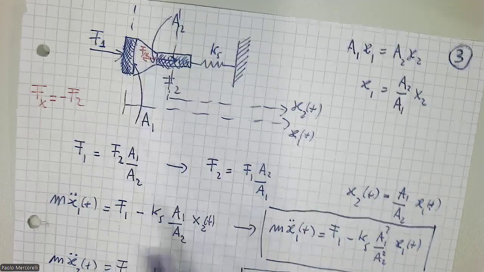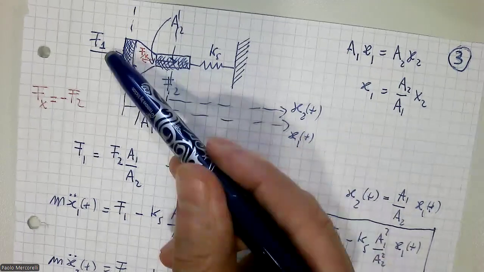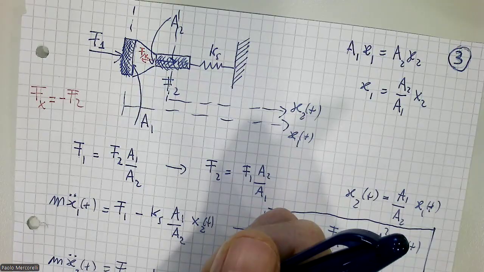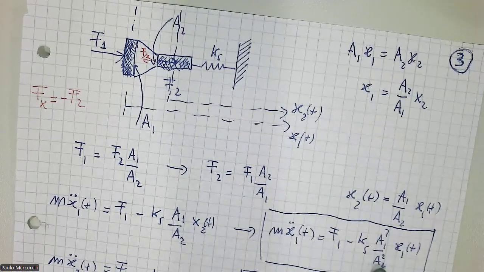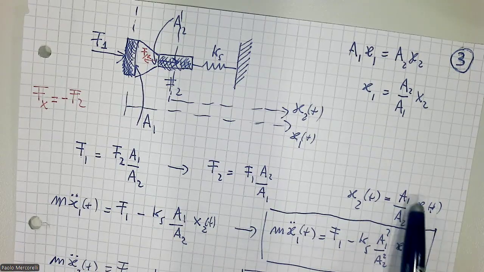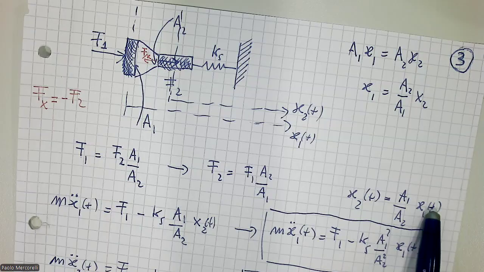But here I have to write then the force will react against the movement. X2 is A1 divided by A2 multiplied by X1.